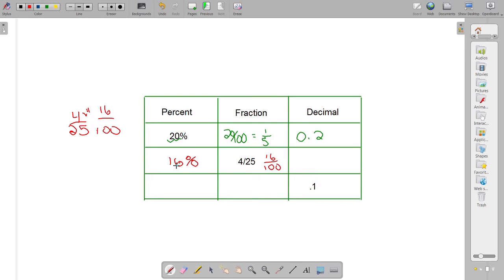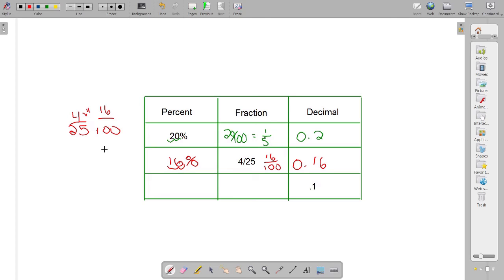When we went from decimal to percent, we moved it 2 to the right. If we're going from percent to a decimal, you're going to move that decimal 2 to the left. So 1, 2. That gives 0.16. So moving from percent to a decimal is pretty easy. I think most students struggle with the fraction portion.